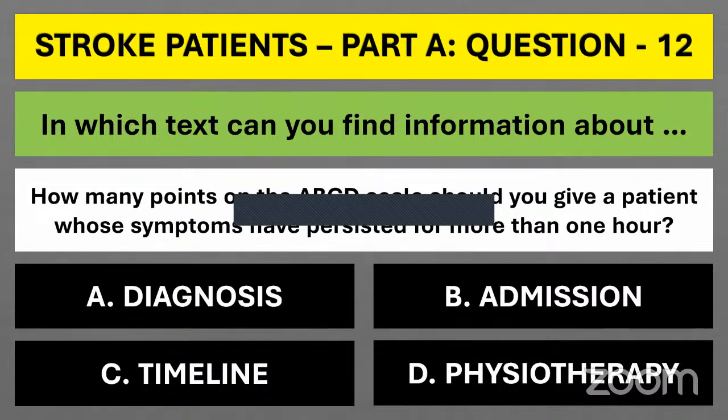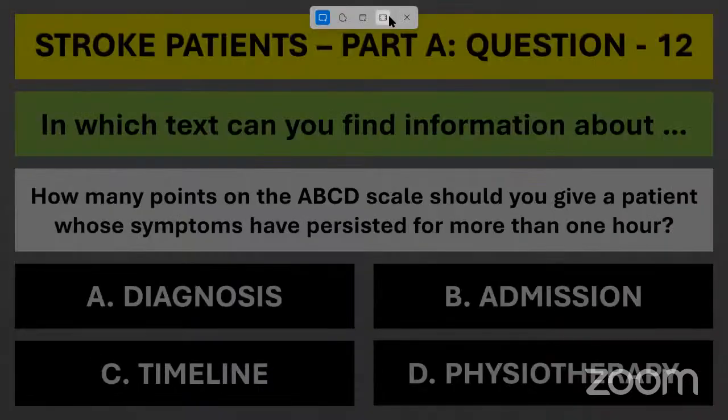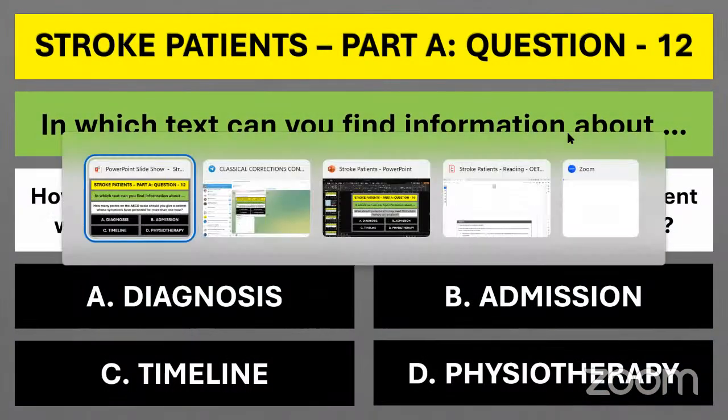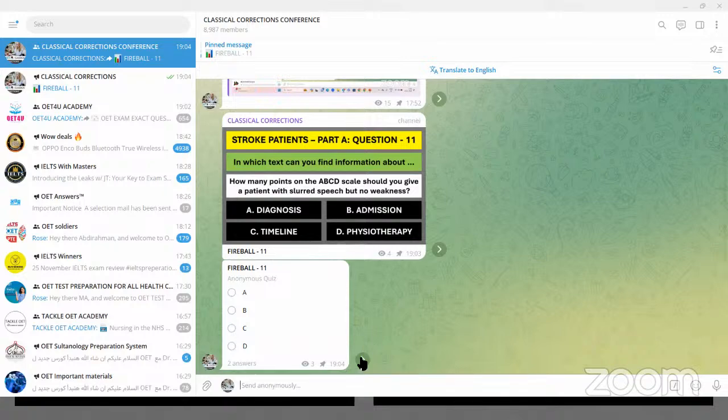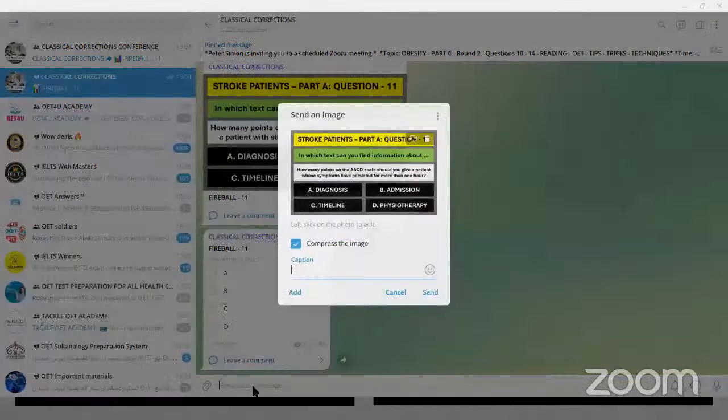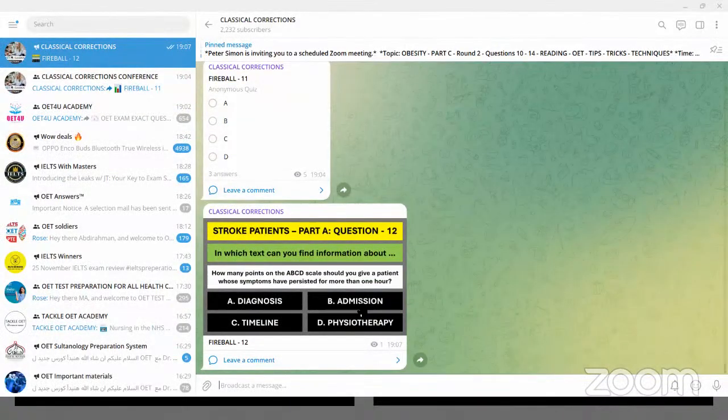We are not crazy, okay? We are very wise people, knowledgeable people. So no need to panic. Fireball 1, 2. Yes, fireball 1, 2.